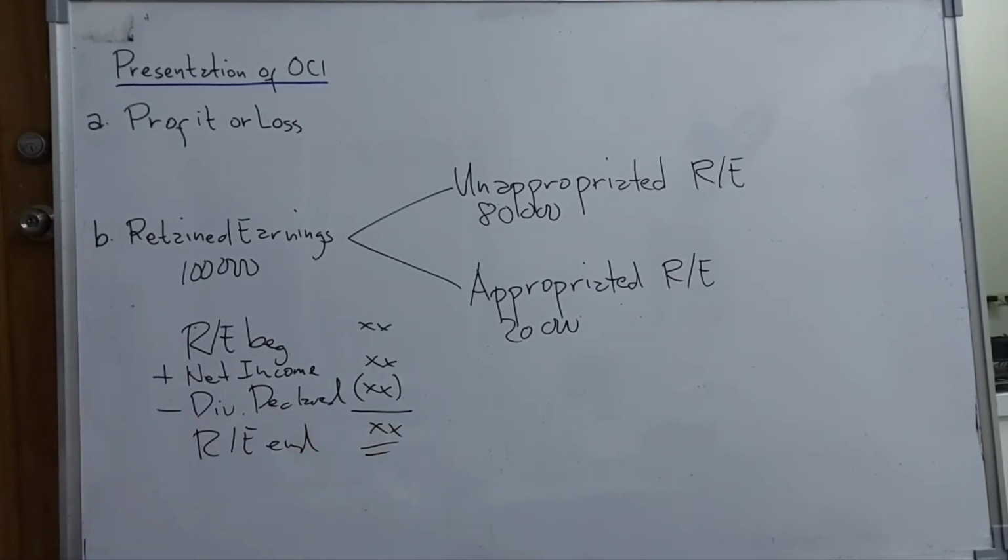Yun yung formula ng retained earnings natin sa corporation ninyo: retained earnings beginning plus net income minus dividends declared equals retained earnings ending.